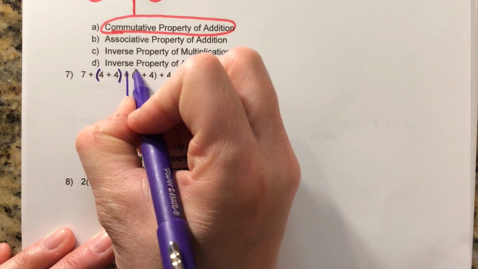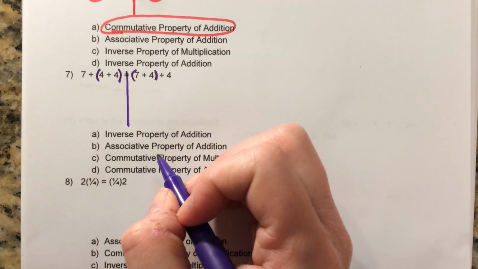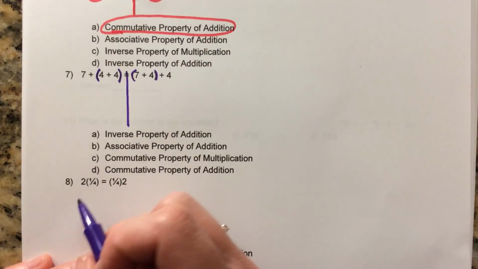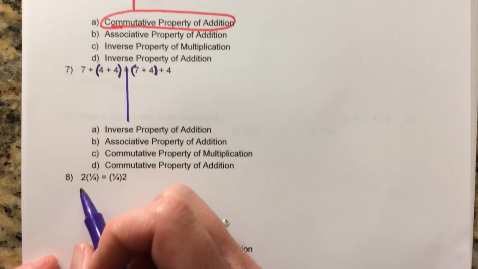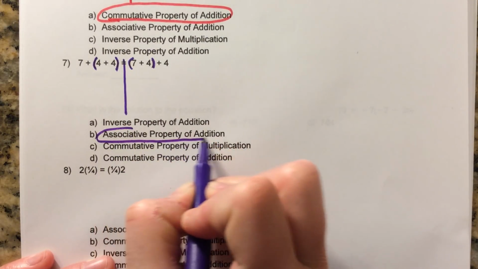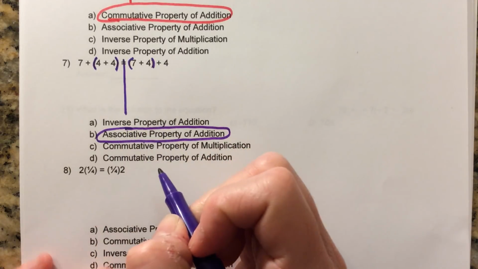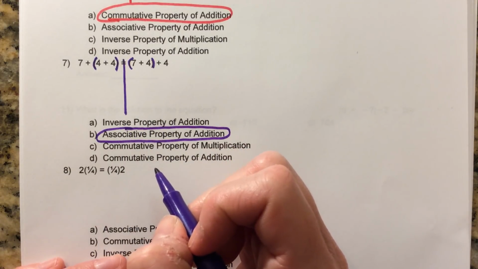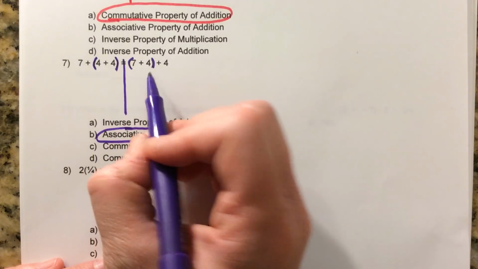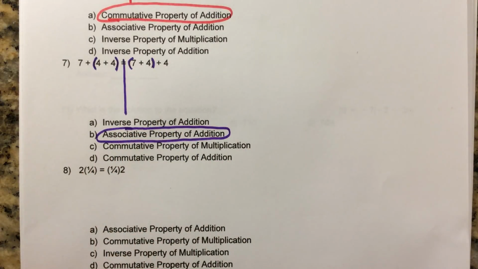And then on the right side, they're grouping the 7 plus 4 first. Well, they changed the grouping. And when you change the grouping, it's the associative property. Remember the story when you get to school and you associate with different groups of people? If grouping is being changed, that's the associative property.